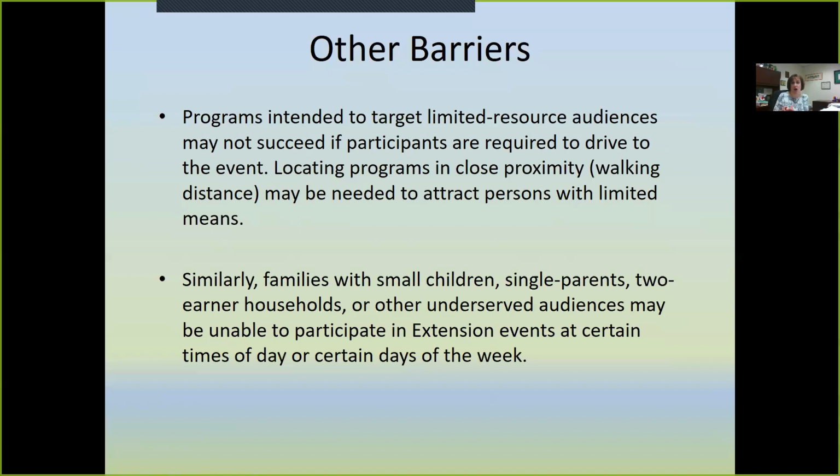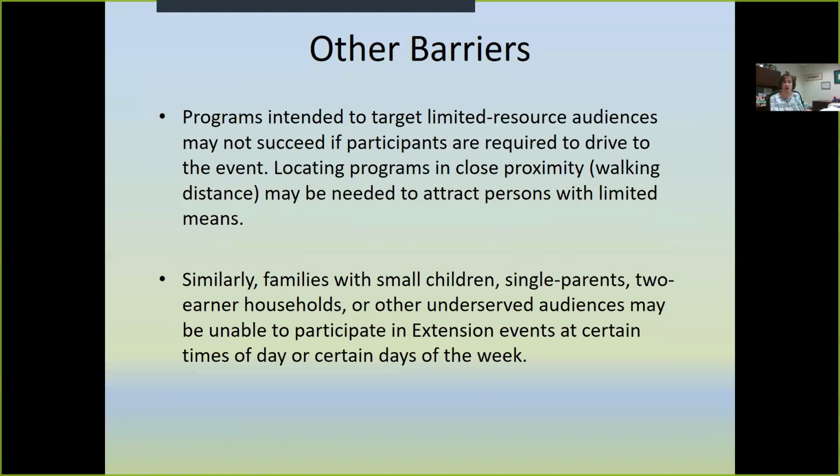or parents can walk. And then again, if you're doing programming for families with small children or single parents or even two-earner households or other underserved audiences, they may not be able to participate a certain day of the week, a certain time, or it might be that we need to provide some kind of childcare.